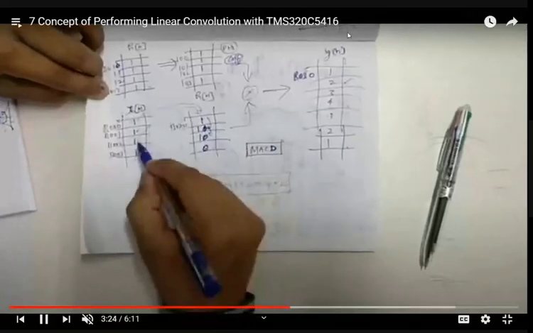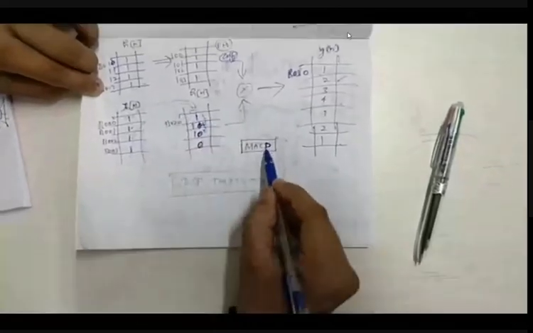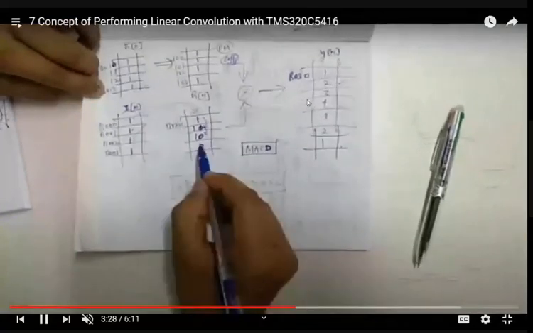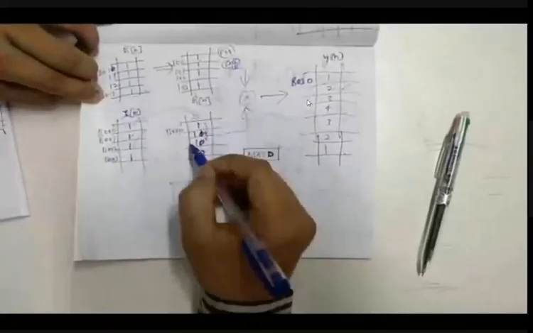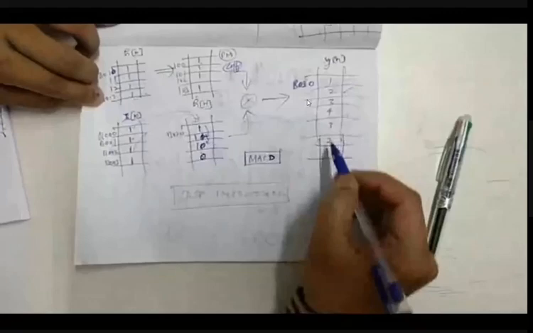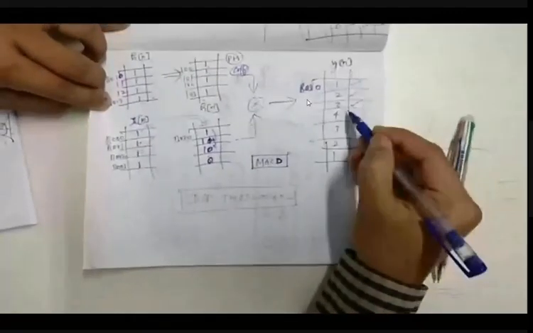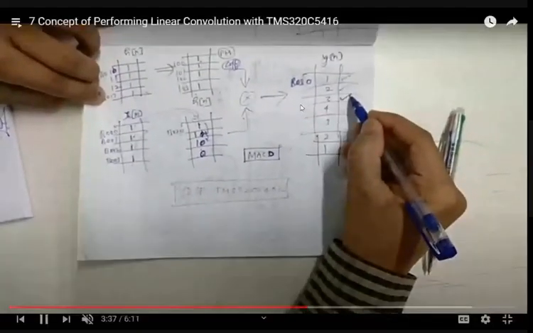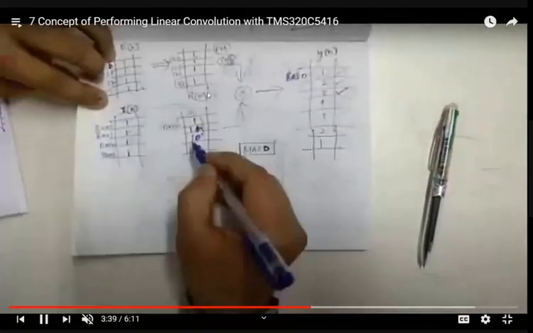I request you all to look at it to understand how to perform the convolution of 4 coefficients and 4 inputs to get 7 outputs, and how it is done in the TMS3205416 processor.